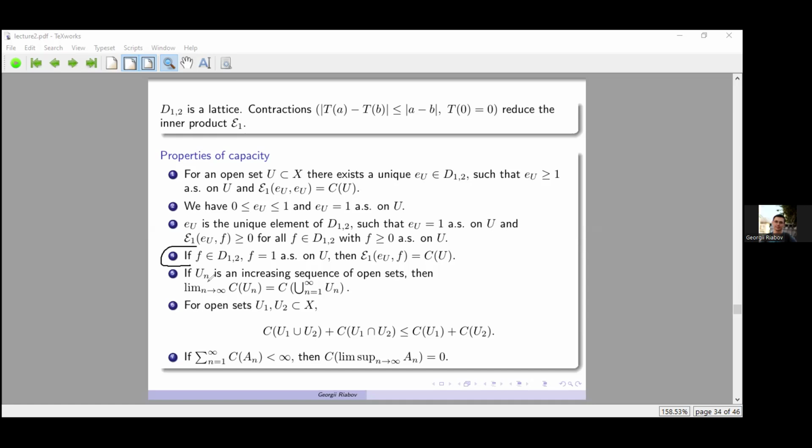And now I will prove properties 5 to 7. Okay, so property 5 states that if Un is an increasing sequence of open sets, then the capacities of these sets increase to the capacity of the union.